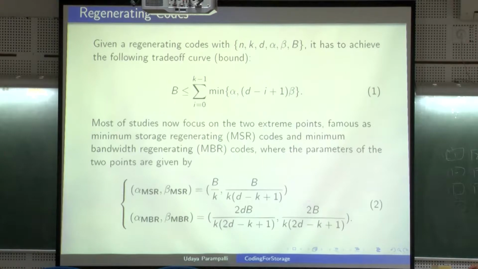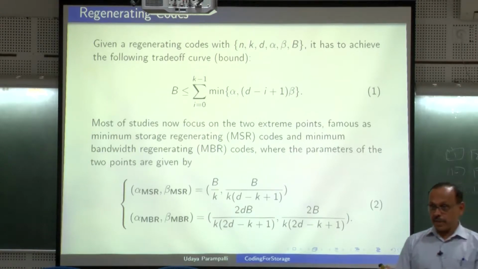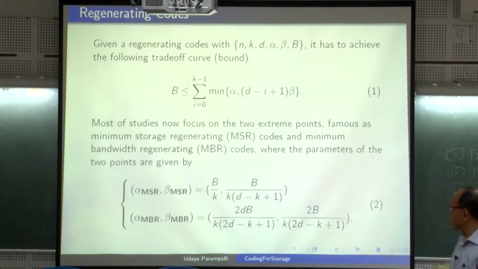The maximum size of the file that I can safely store in the system with this code is always constrained by the summation from i equal to 0 to n minus 1 of the minimum of alpha or (d minus i) times beta.